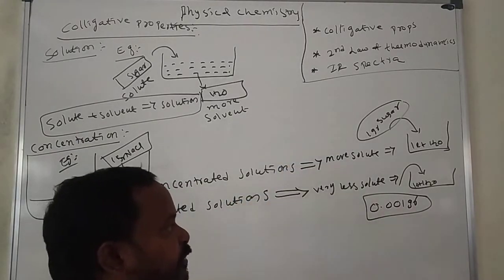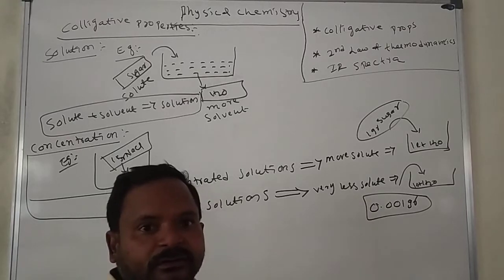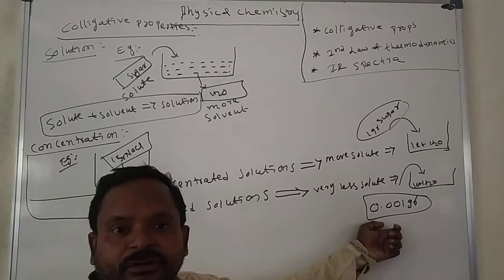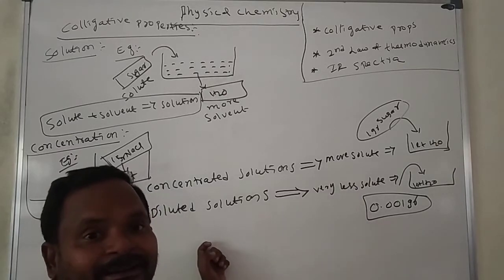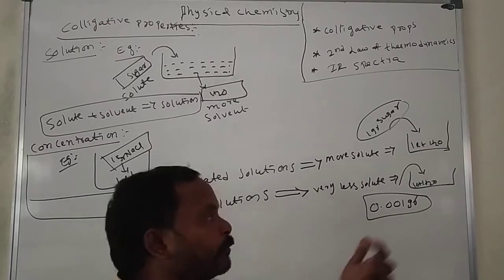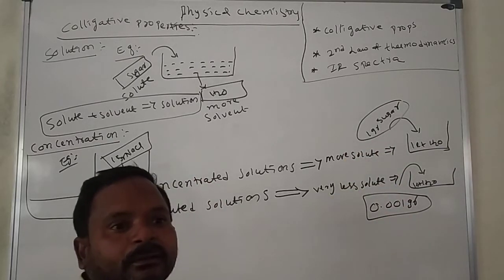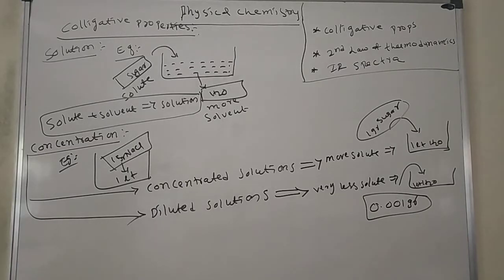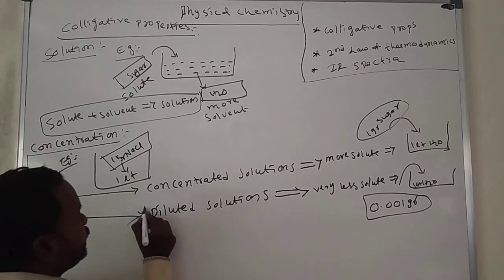Both are sugar solutions, but one solution contains a very small amount of solute. Such solutions are called dilute solutions. And the solution which contains more solute is called a concentrated solution.